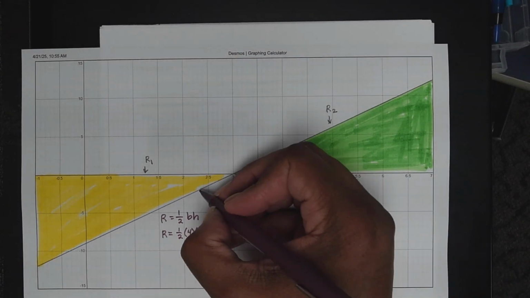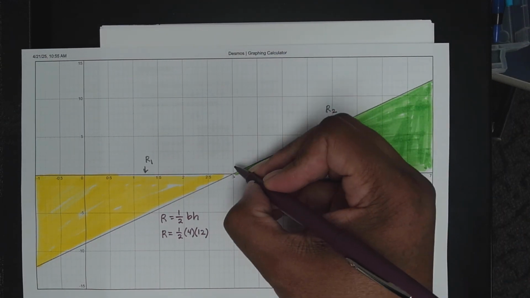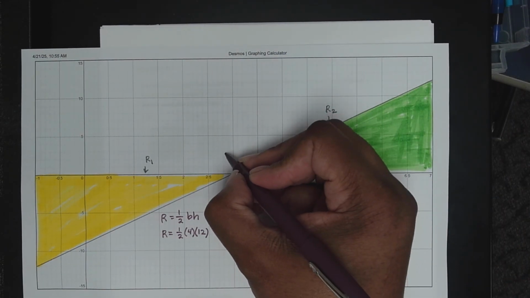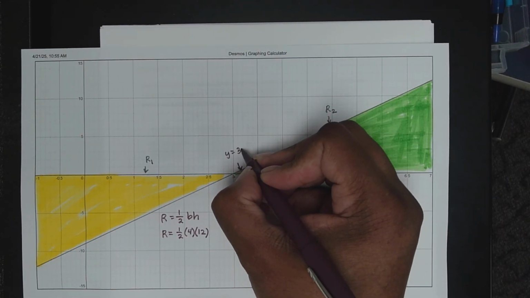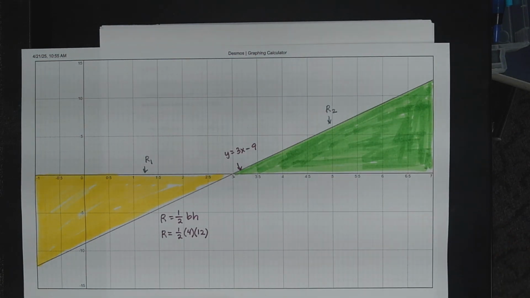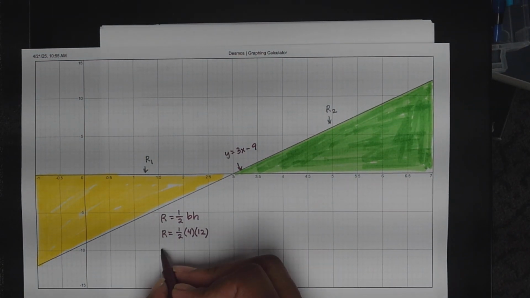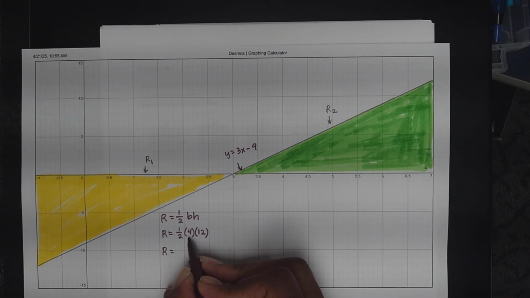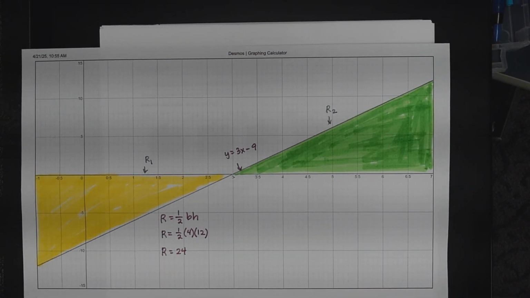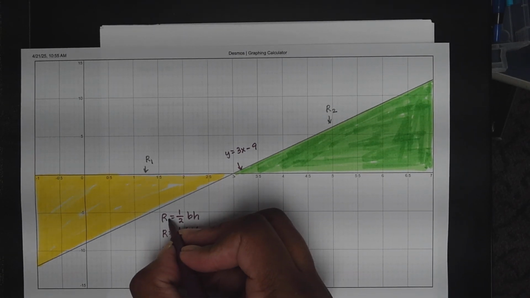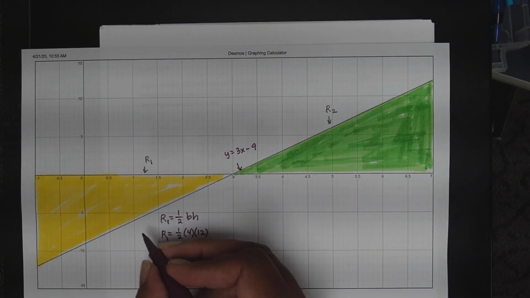And by the way, this line is y equal 3x minus 9. All right, so now let's find the area. Half of 4 is 2, and 2 times 12 is 24. So this region, number 1, has an area of 24.